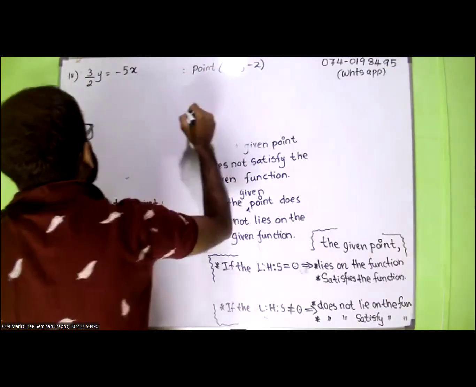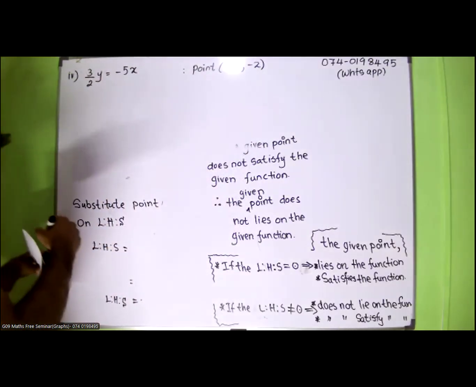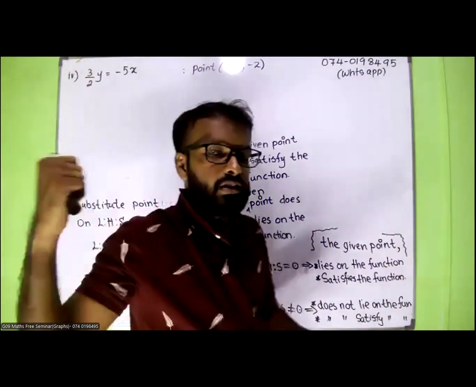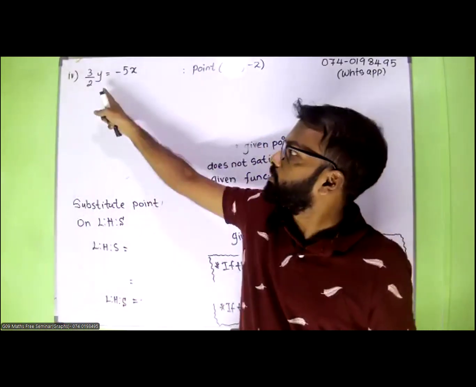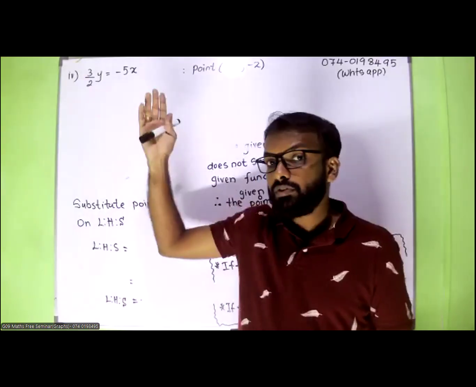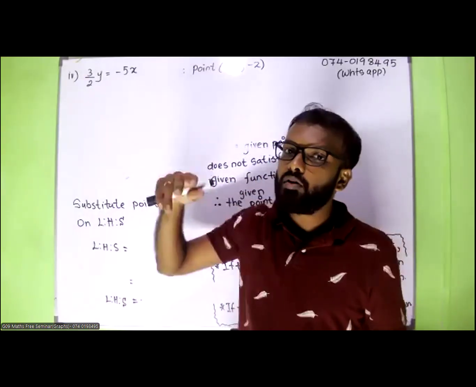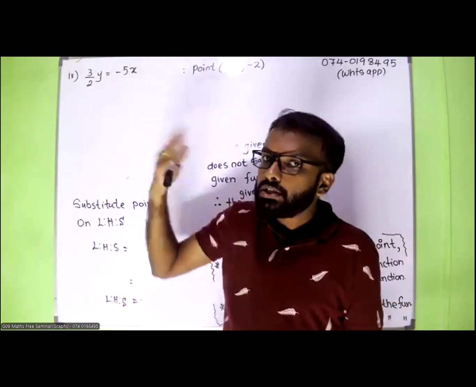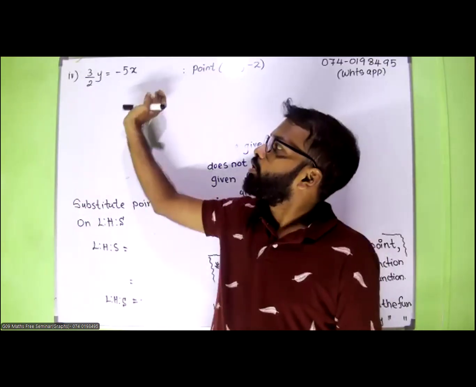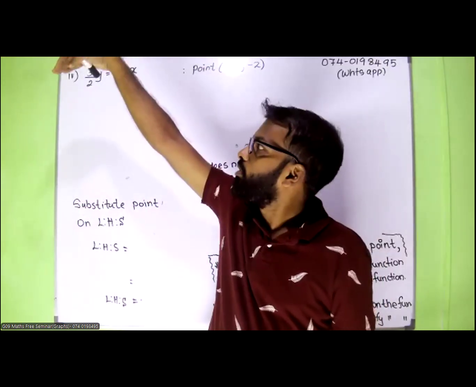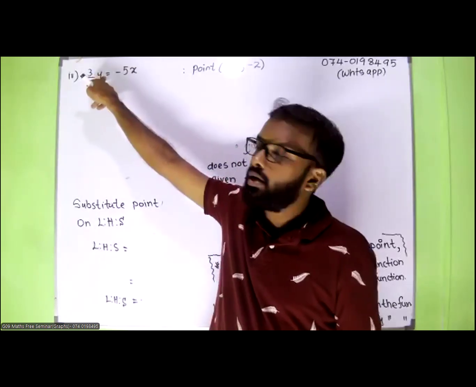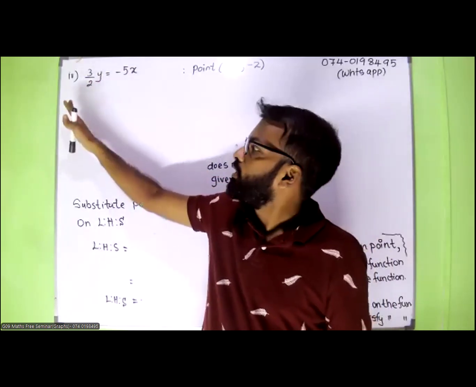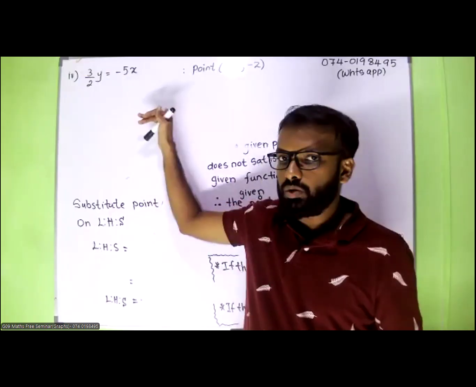First of all, this is not in the right LHS equals 0 form. Both sides have terms. On the right hand side we have minus 5x, so I am going to take it to the other side of the equal mark so that we can have LHS equals 0.